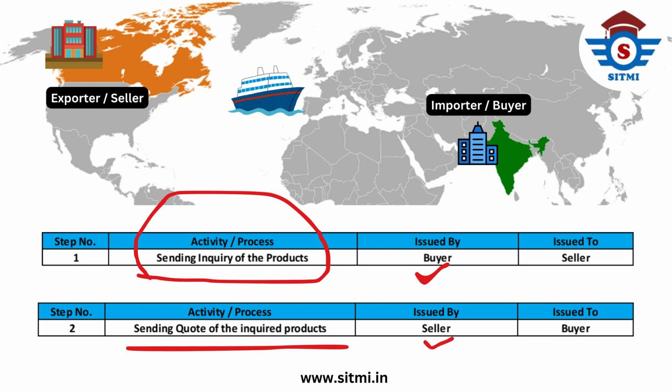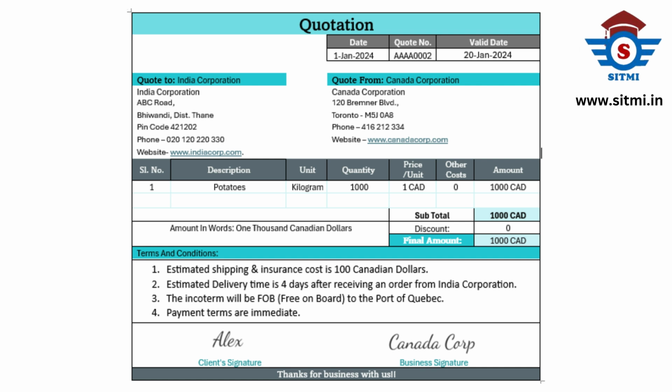Here, Canada Corporation sends a quote to India Corporation, and let's assume that this quote explains that Canada Corporation is ready to sell 1000 kilograms of potatoes with the below conditions. Condition number 1: price per kilogram is 1 Canadian dollar, hence the total value of shipment will be 1000 Canadian dollars for 1000 kilograms of potatoes.